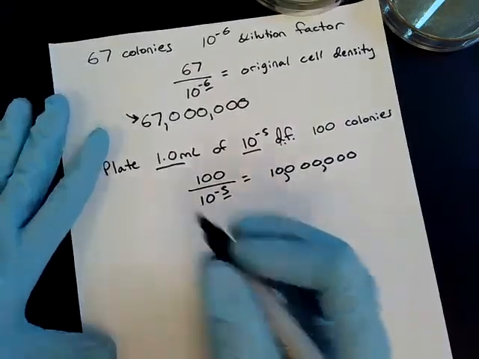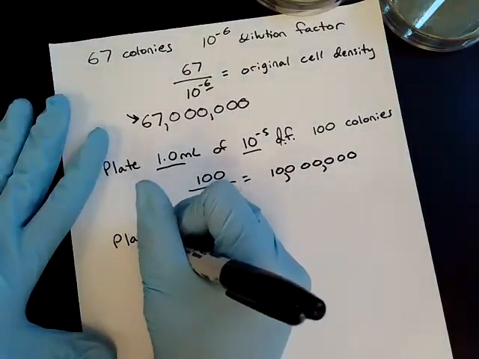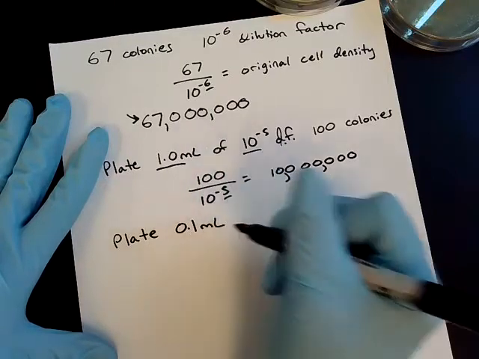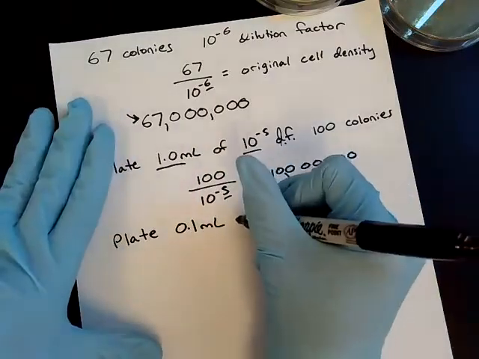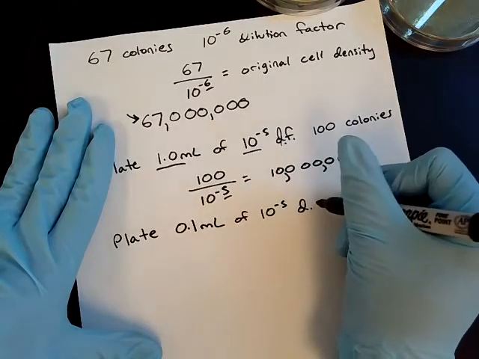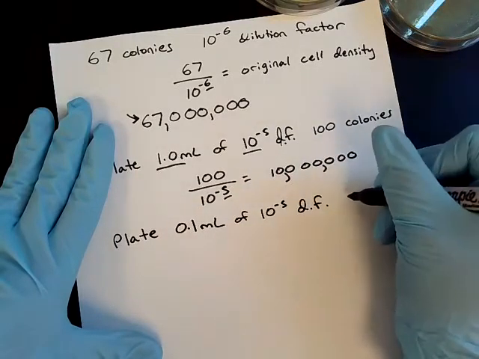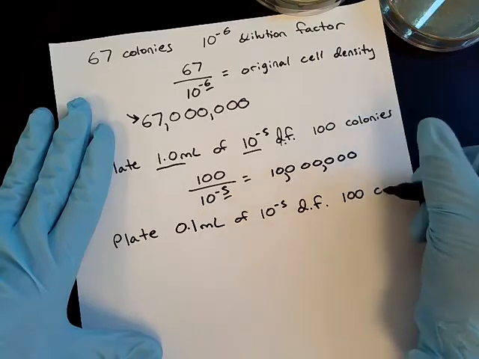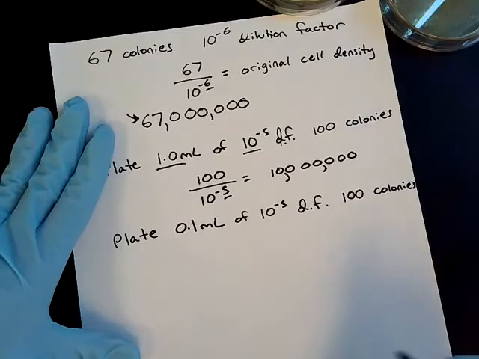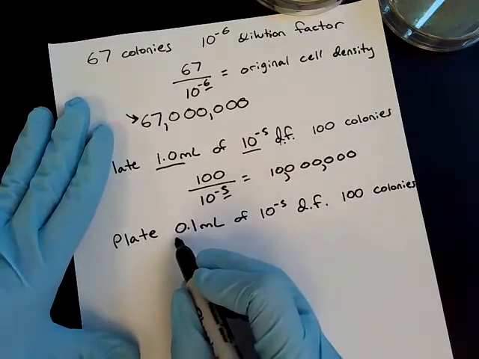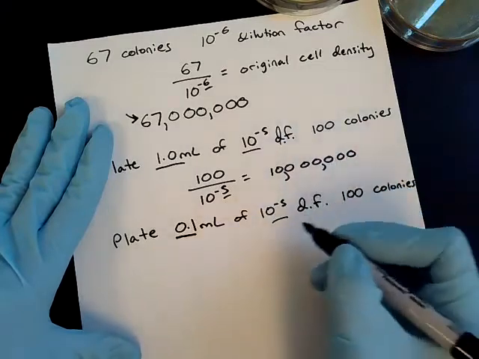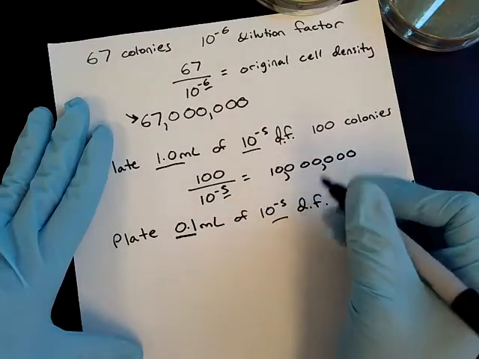But if we plated 0.1 mils, which is a more likely scenario, of a 10 to the negative 5 dilution factor, and we get 100 colonies, what we would do here is, because this is a fraction of a mil, we actually have to increase the dilution factor by 1 exponent.